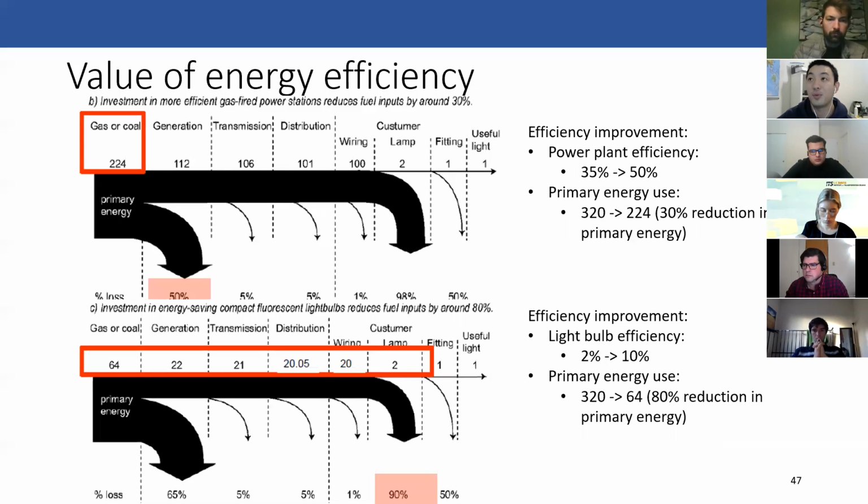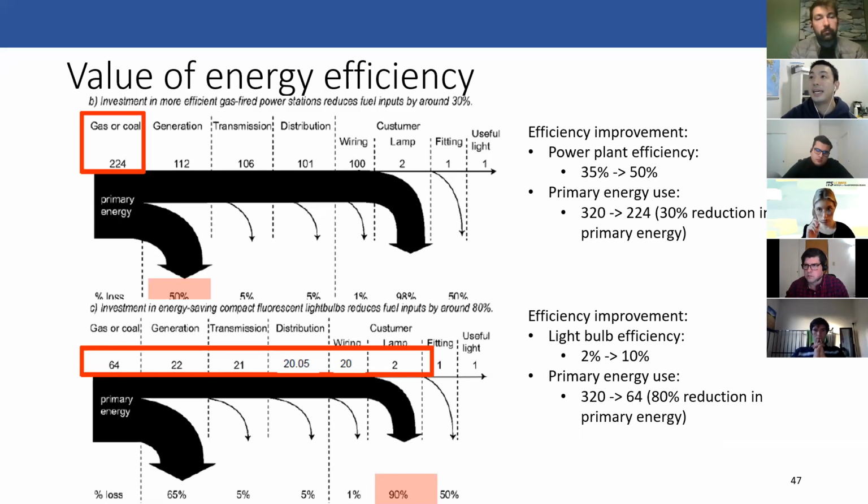And so instead of 320 units of energy to get that one useful unit out, we only need 224. So you're getting about a 30% reduction in primary energy usage. By improving the power plant, I'm going to save 30% of the energy down the line.